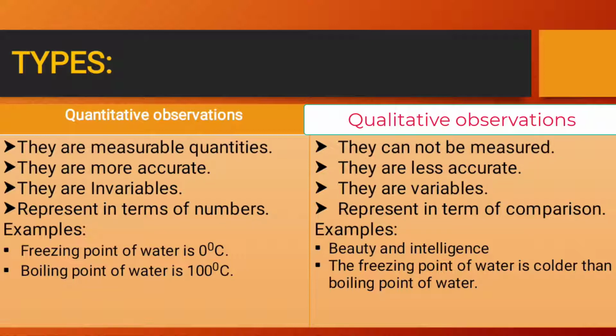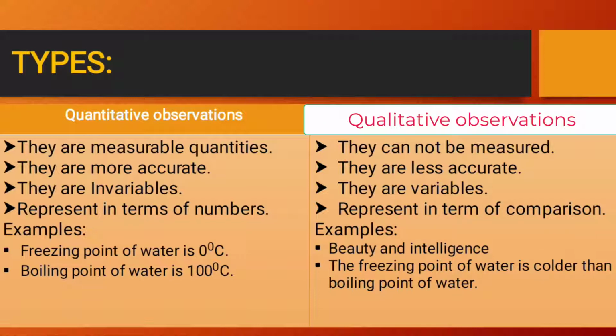Quantitative observations are more accurate, while qualitative are less accurate. Quantitative observations are invariable, while qualitative observations are variable. Quantitative observation is represented in terms of numbers, while qualitative observation is represented in terms of comparison.